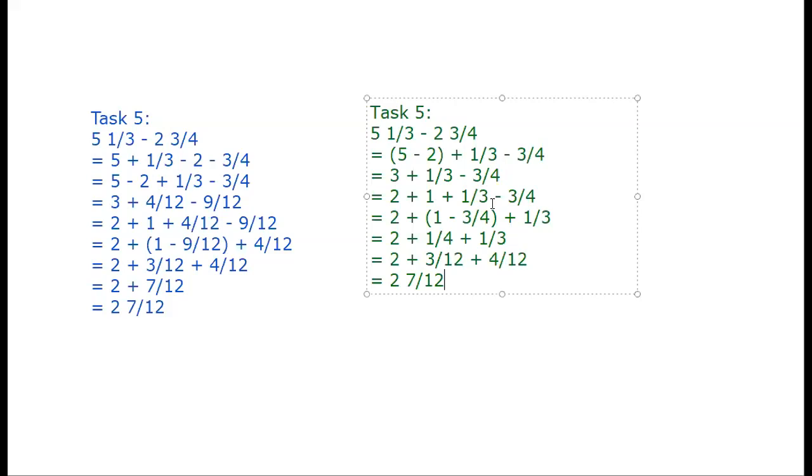Now, can anybody tell me if there is any advantage to doing this subtraction problem this way without getting into improper fractions?